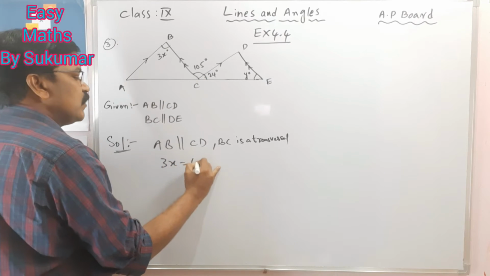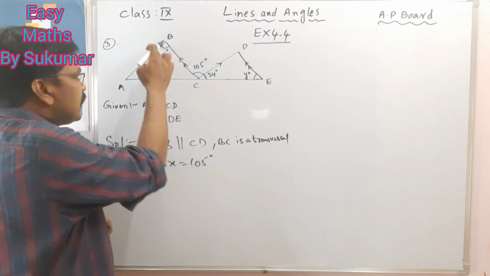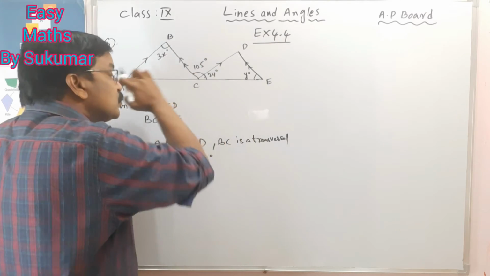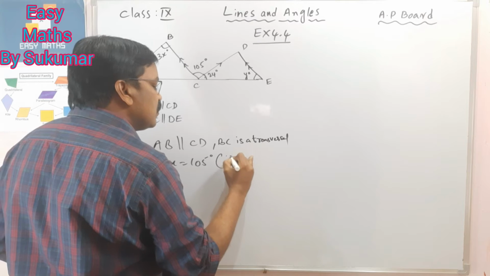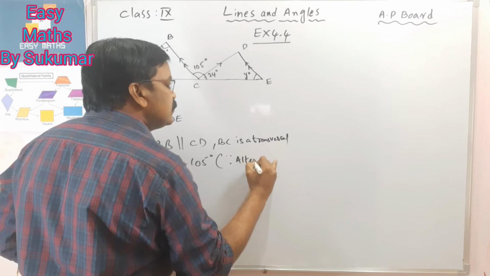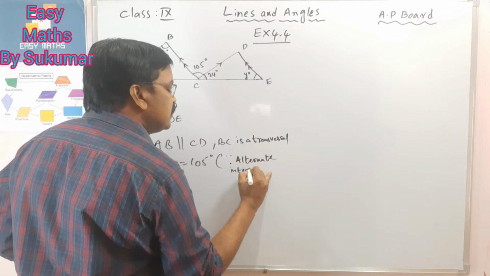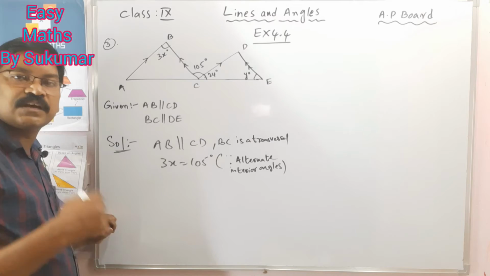So 3x and 105 are equal. What is the reason? AB is parallel to CD and this BC is a transversal. These are alternate interior angles. So alternate interior angles are equal.